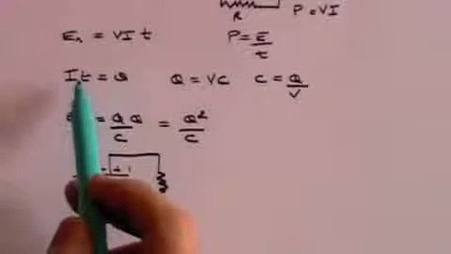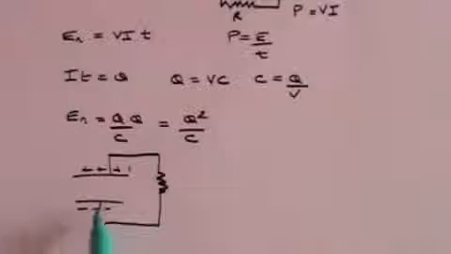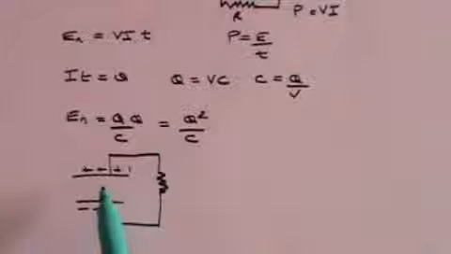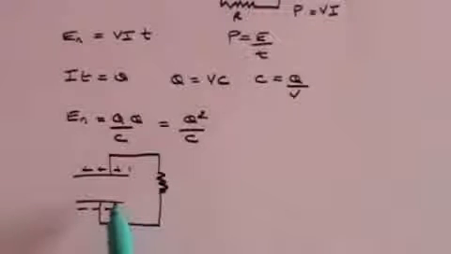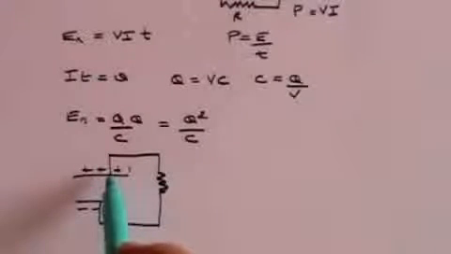But of course, it won't be the same current throughout, because as the charge flows, there will be less of it, and the charge will actually reduce from the maximum charge to 0. So in fact, the average charge that flows throughout that whole process is half the total charge on the capacitor.